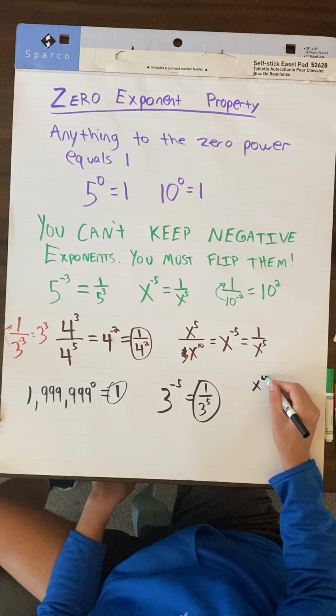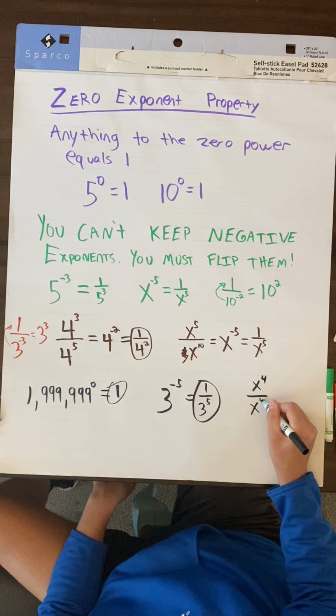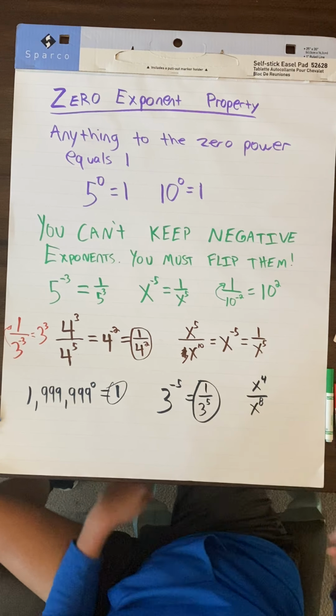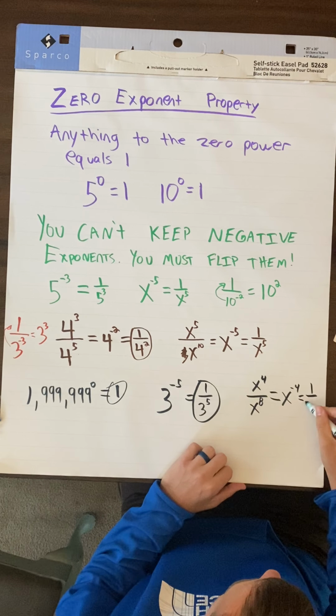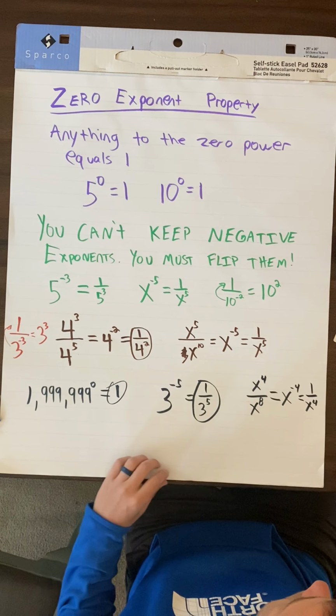X to the 4th power over x to the 8th power. So what we are doing here is we're going to subtract the exponents. So 4 minus 8 is negative 4. X to the negative 4 equals 1 over x to the 4th power.